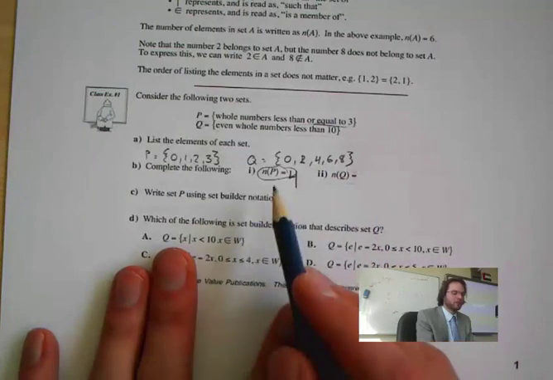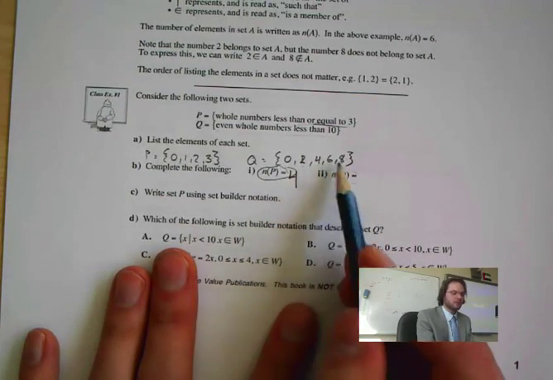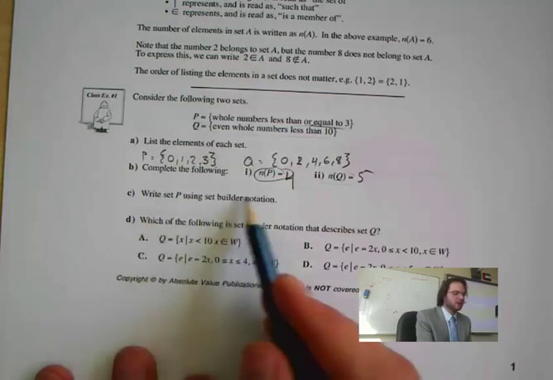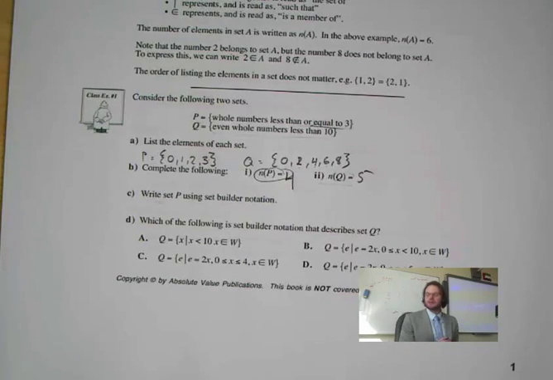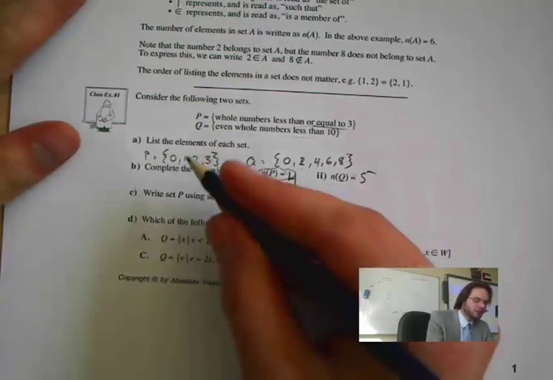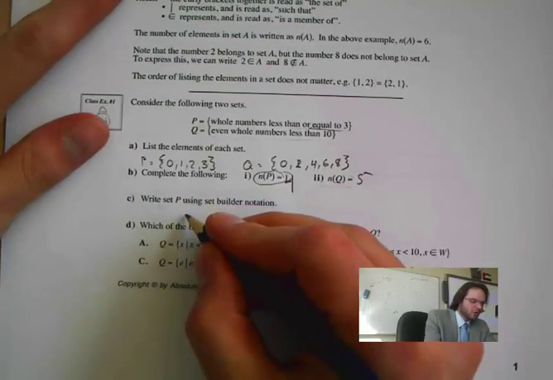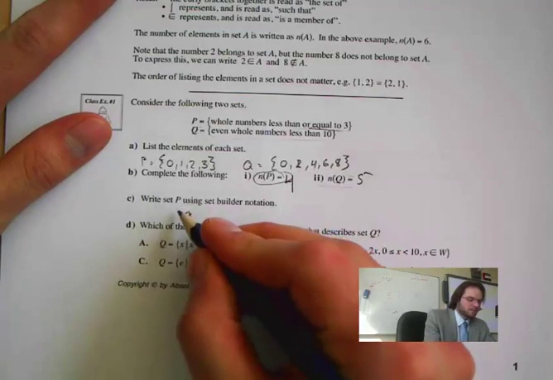Next one's saying number of elements in Q. I have 5. Okay? Now, we're saying, please write P using set builder notation. So it's kind of like domain and range. Set builder notation is very similar to domain and range. So we're going to look at x.